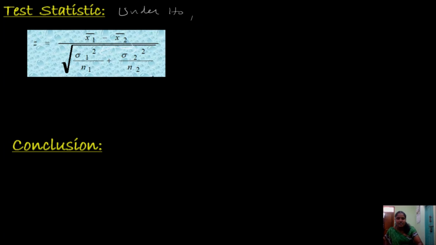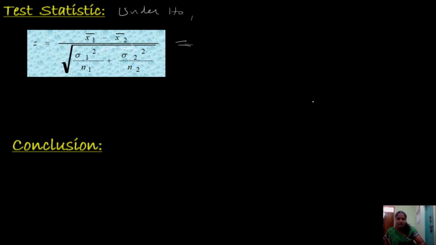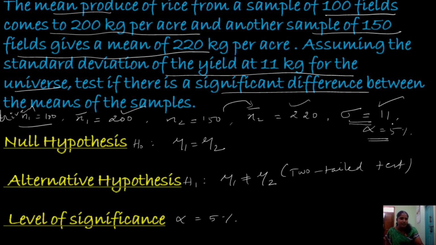So let us now substitute the values for x1 bar, x2 bar and the remaining. So x1 bar is 200 and x2 bar is 220. So 200 minus 220 over square root of, instead of sigma 1 square and sigma 2 square, we make use of the value of sigma here, that is 11.